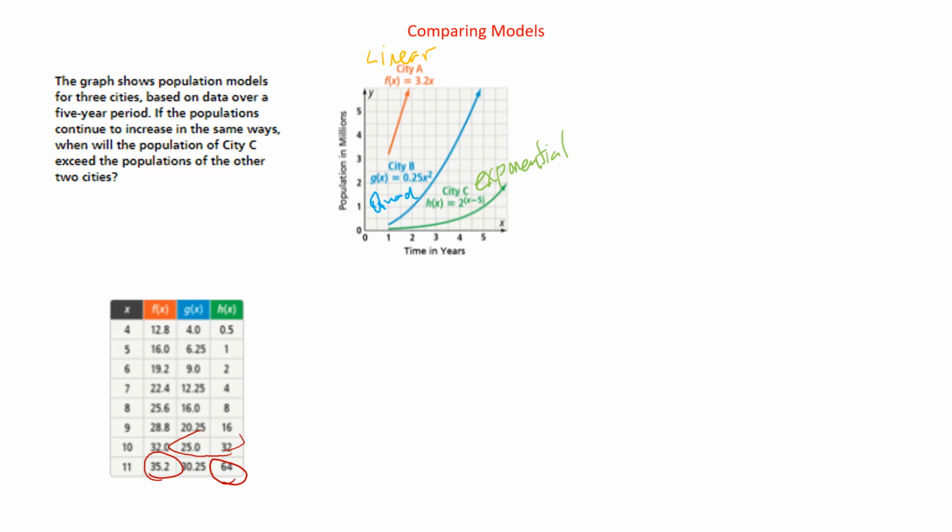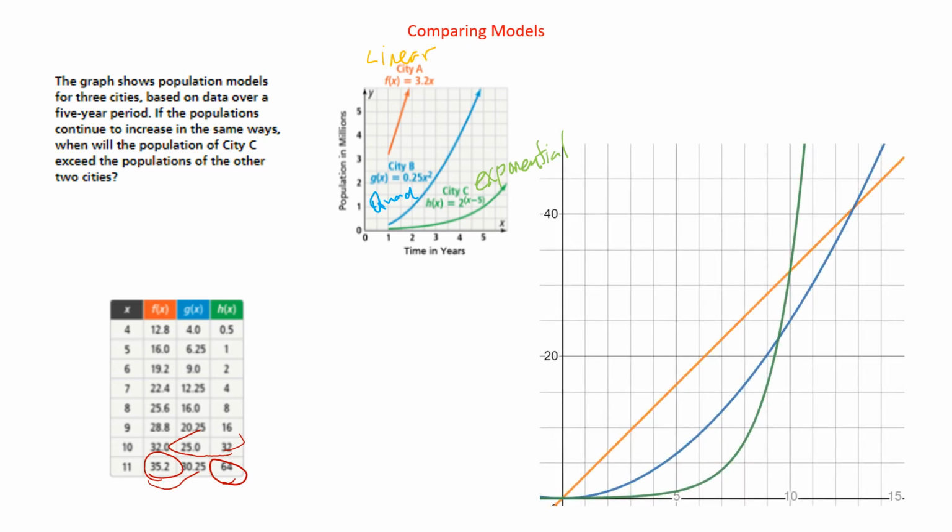We can also look at the graphs, like a graph bigger than the one that was given. We can plug it into our calculator or Desmos and graph it to see what it'll look like. And in fact, if we do, we'll be able to see when B gets ahead of A as well. The original one we were just looking at got up to 5, so we were just looking at this part of the graph right there.